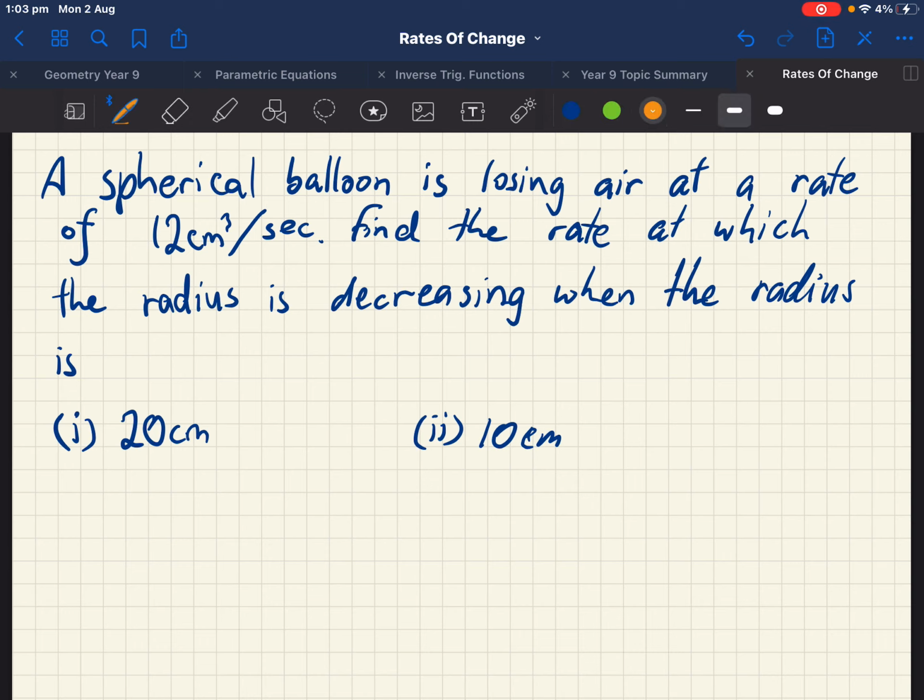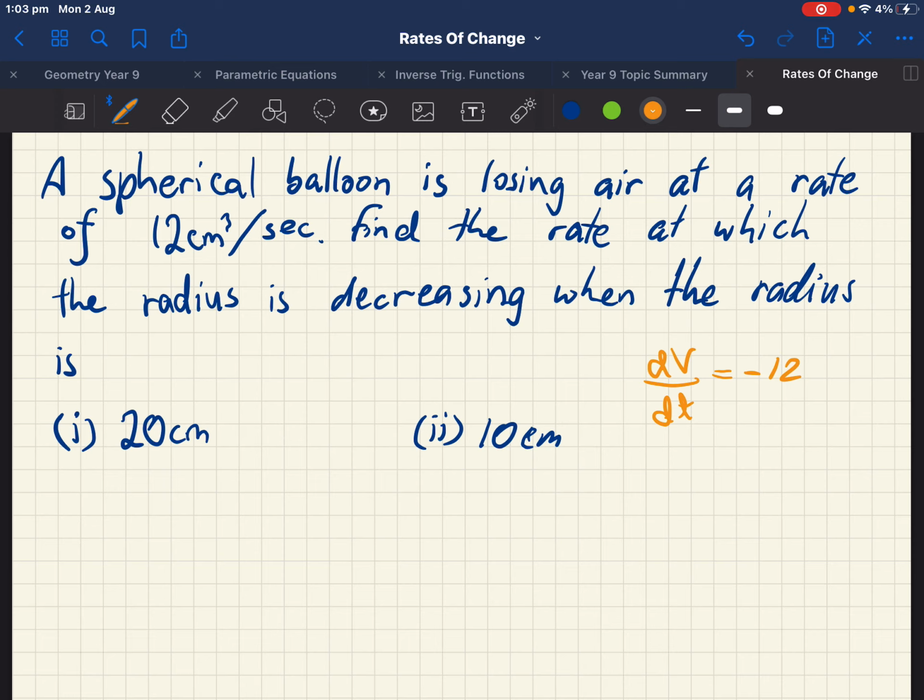So what we've just been told there is, the air, this is the overall size of the balloon. In other words, the rate at which the volume is changing is going to be equal to, in this case, it's going down by 12. So our rate is going to be a negative 12, in cubic centimeters per second.